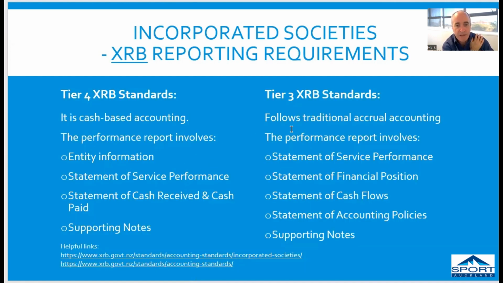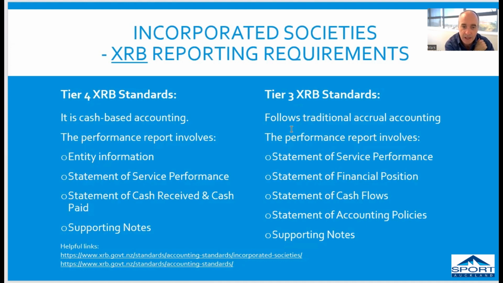I've detailed tier 3 and tier 4 standards here, simply because I believe that most people watching this today will fall into this camp. If you fall into a tier 1 or tier 2, or heaven forbid a tier 1, talk to me offline and we can help you out with that as well. Tier 4 is the most basic standard. It's cash-based accounting, no accruals involved.